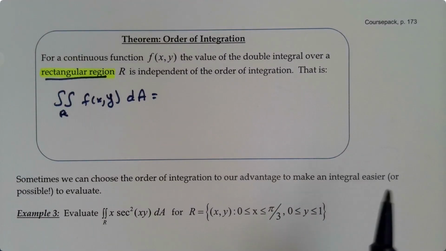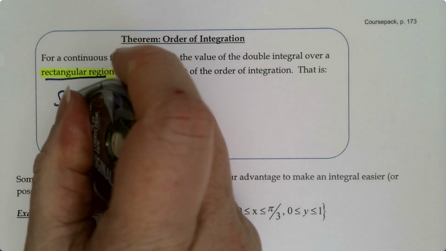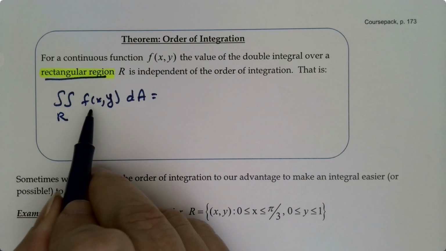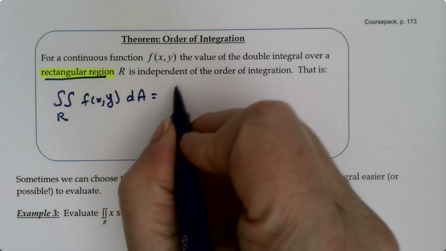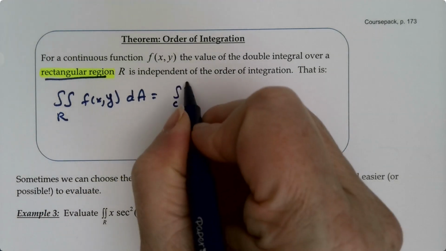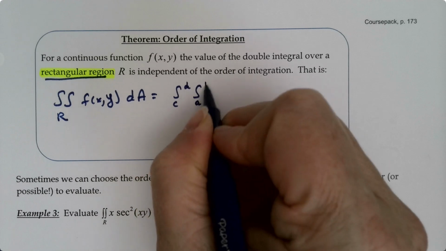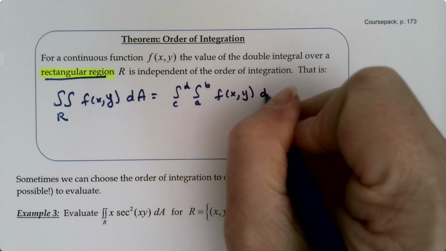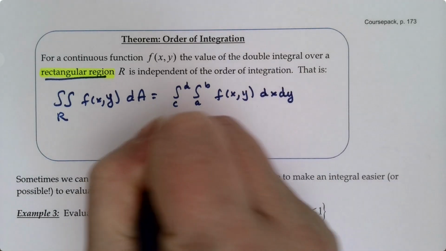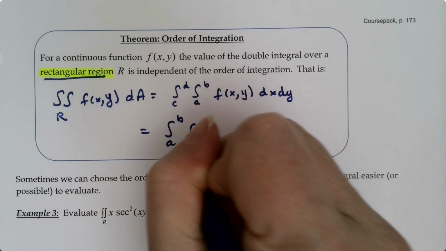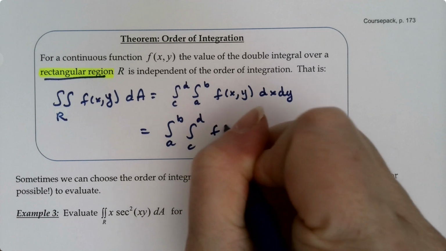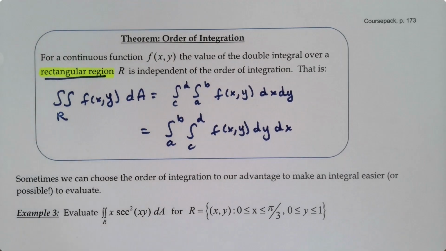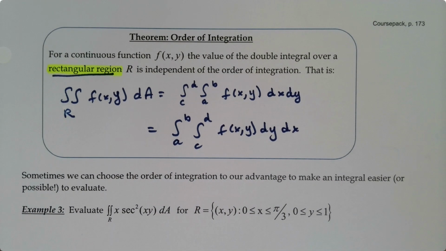So the integral, sorry, my R looks like an A, and I want to make sure it's an R. The integral over the region of f of xy dA is either from C to D, from A to B, f of xy dx dy, or from A to B, C to D, f of xy dy dx. The order doesn't matter for a rectangular region.